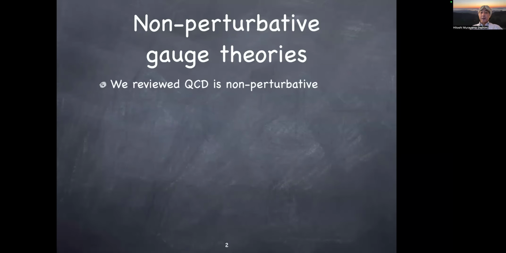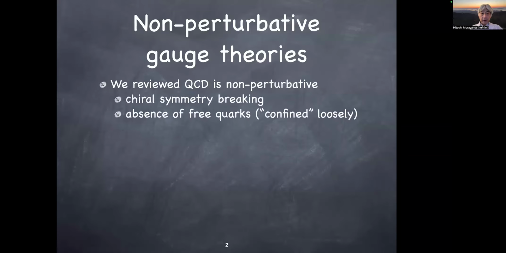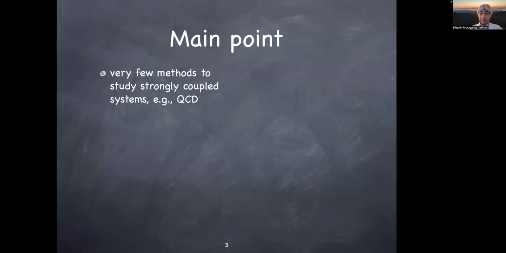And so the main point I'd like to convey in the lecture today is the following. Oh, I'm sorry, I went back a slide. The main point I'd like to convey in the lecture today is the following. There are very few methods to study strongly coupled systems, including these non-perturbative effects in QCD, which are essential to understand some of the most important aspects of the strong interaction.